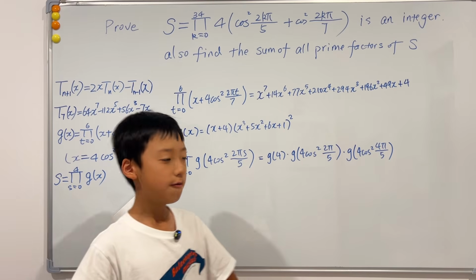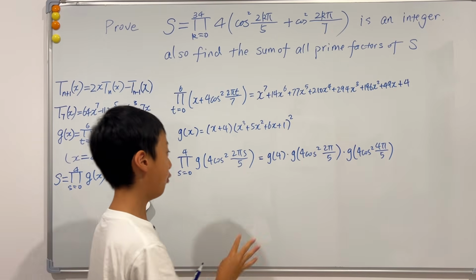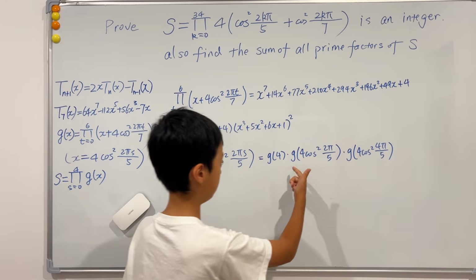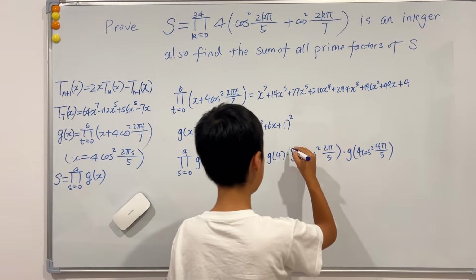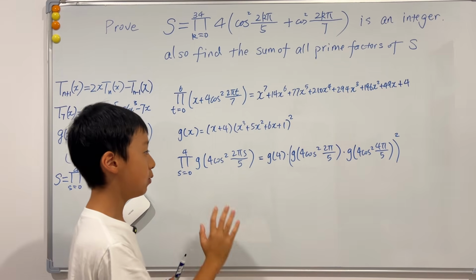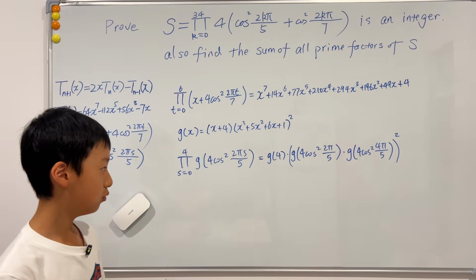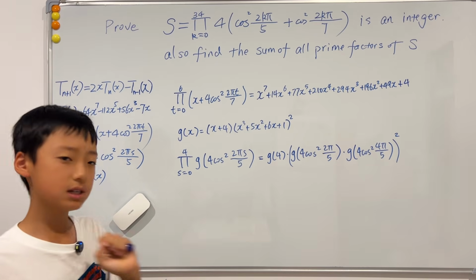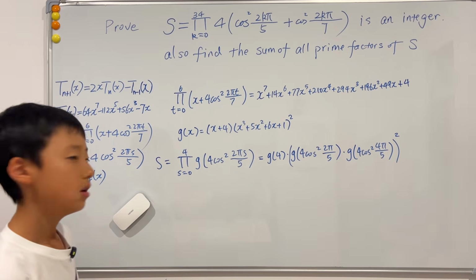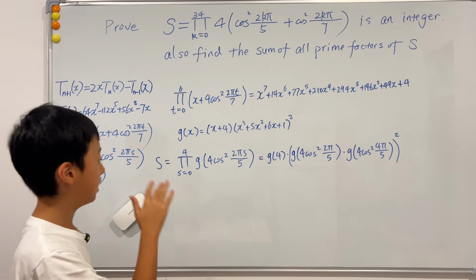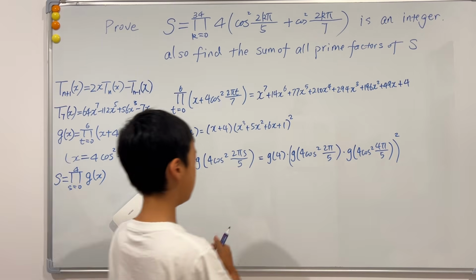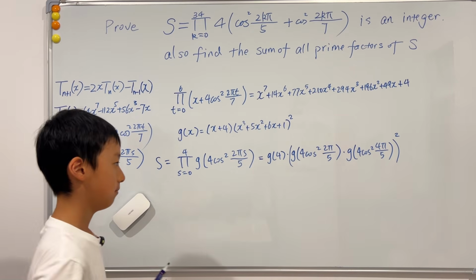And similarly, for when s is 4, g of 4 cosine 8 pi over 5 is equivalent to this term. So we can basically raise this to the power of 2. And now, this will actually be the end of part 2. To make things just a bit clearer for you, I'm going to write s equals this. So this will be the end of part 2, and in part 3, we'll try and use some smart techniques to solve for s.